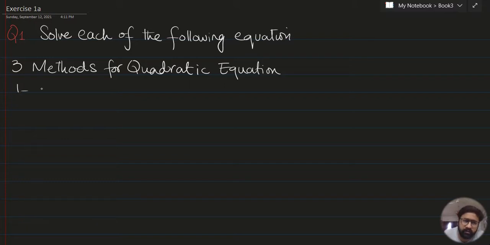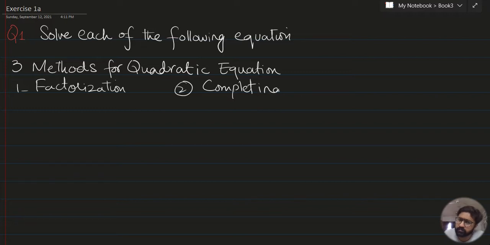The first one is factorization. The second is completing the square. And the third one is the quadratic formula.